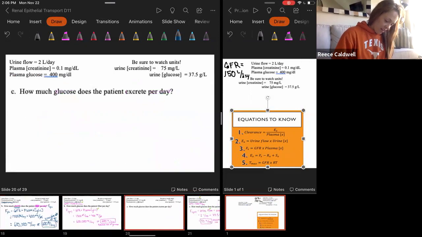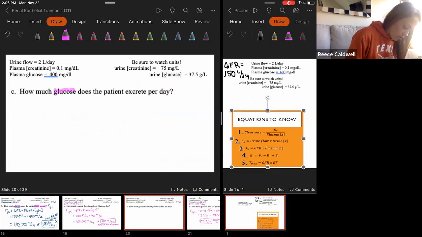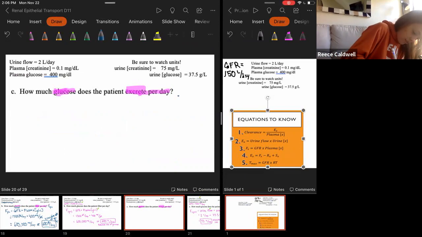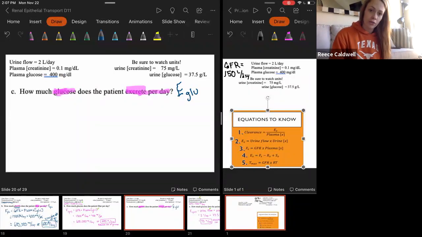Wow. All right, so C, how much glucose does the patient excrete per day? So per day, we're looking at a rate, we're looking at excretion of glucose. This tells us that we will be solving for E GLU, the excretion rate of glucose. Again, anytime anything's in a subscript, that means rate. If it's in brackets, that means concentration.